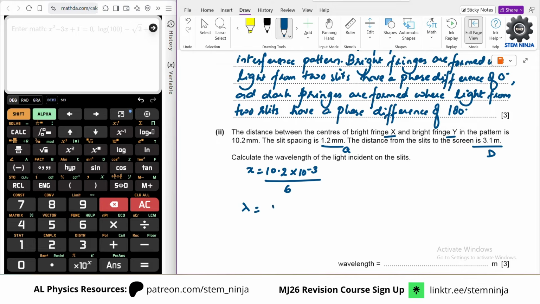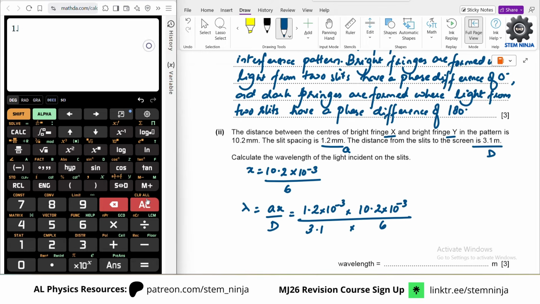So lambda is AX over D. A is 1.2 times 10 raised to power minus 3. X is 10.2 times 10 raised to power minus 3, and D is 3.1.